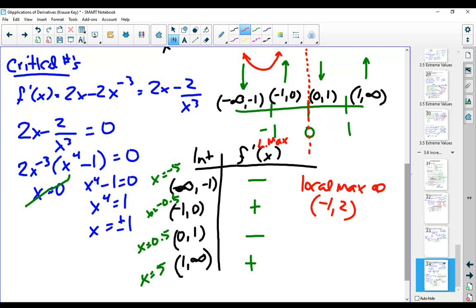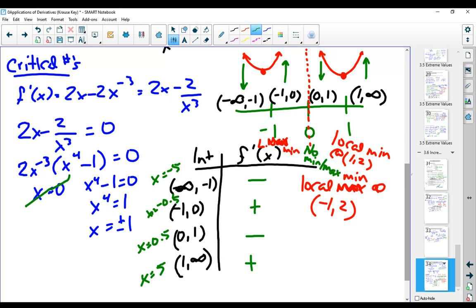And then I'm decreasing and increasing. Oh, sorry, that was local min, not max. Local min at 1, 2. And again, there's no min or max at the asymptote.